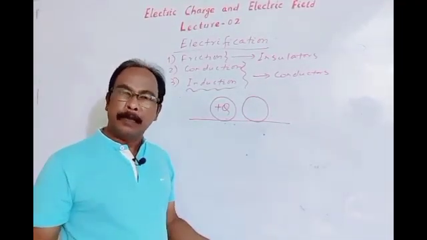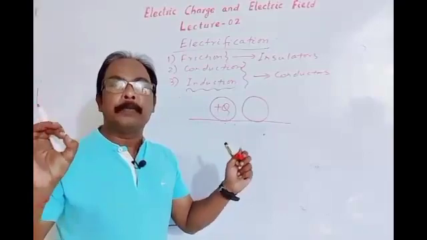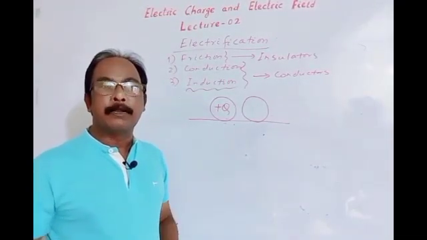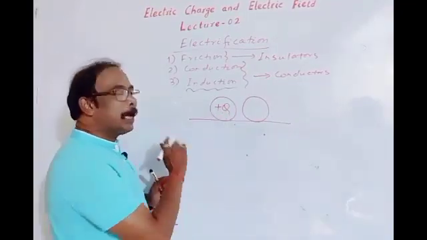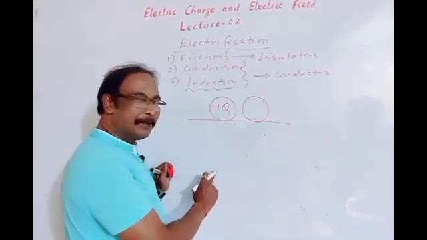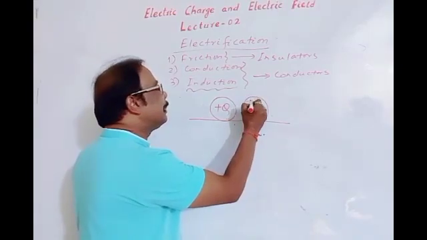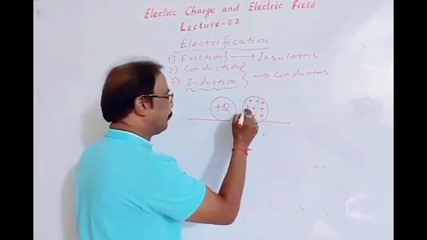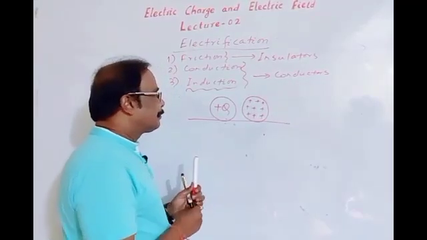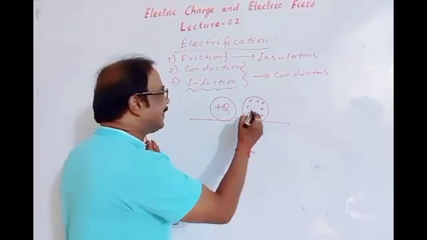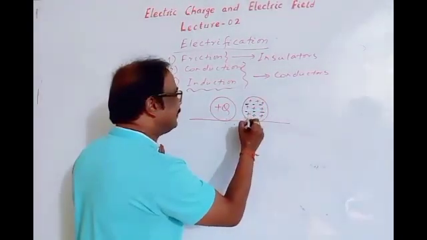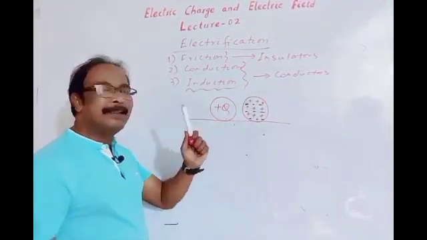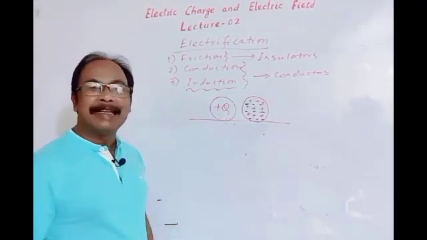This is a charged body. This is an uncharged body. What will happen? Uncharged body means the number of protons is equal to the number of electrons. Say the number of protons is 9, so the number of electrons is also 9. This is the uncharged body, with net charge zero, and this is the charged body, charge is positive.